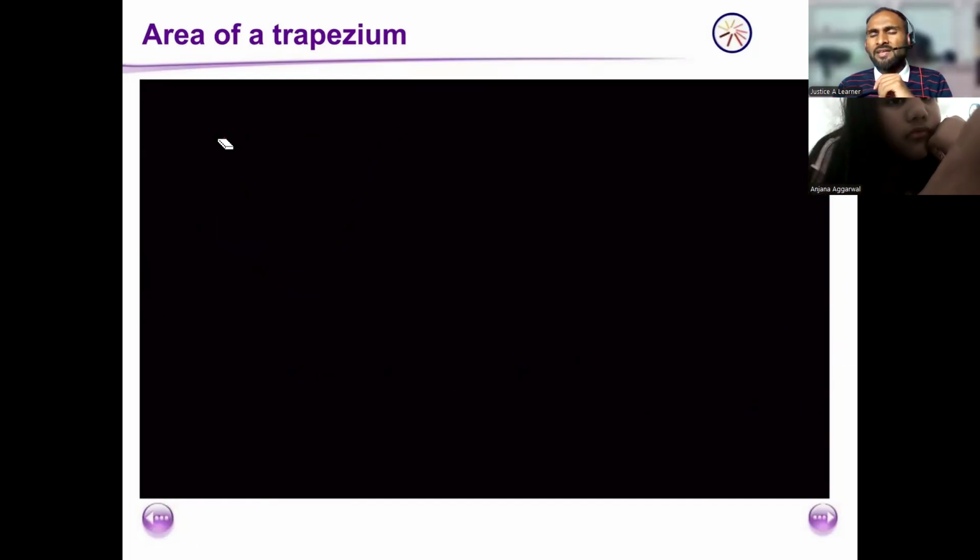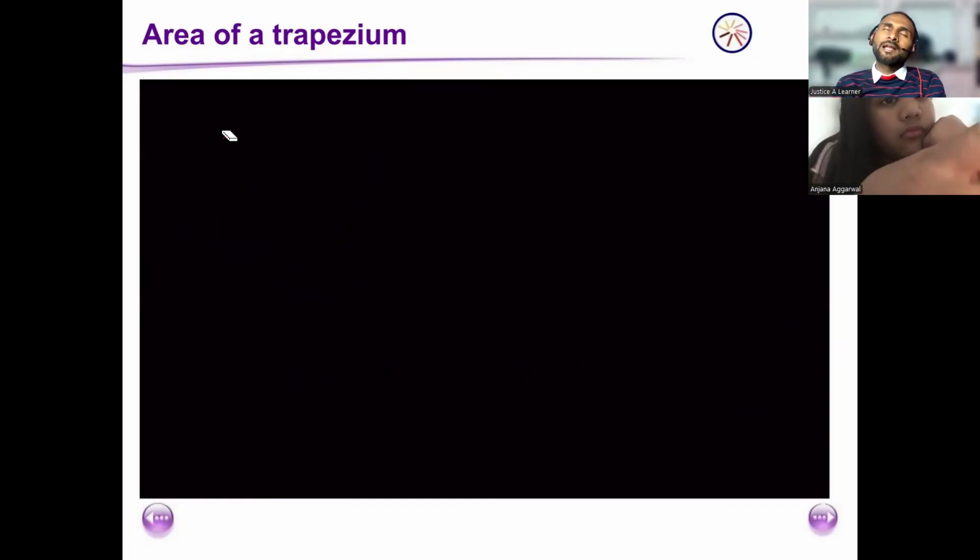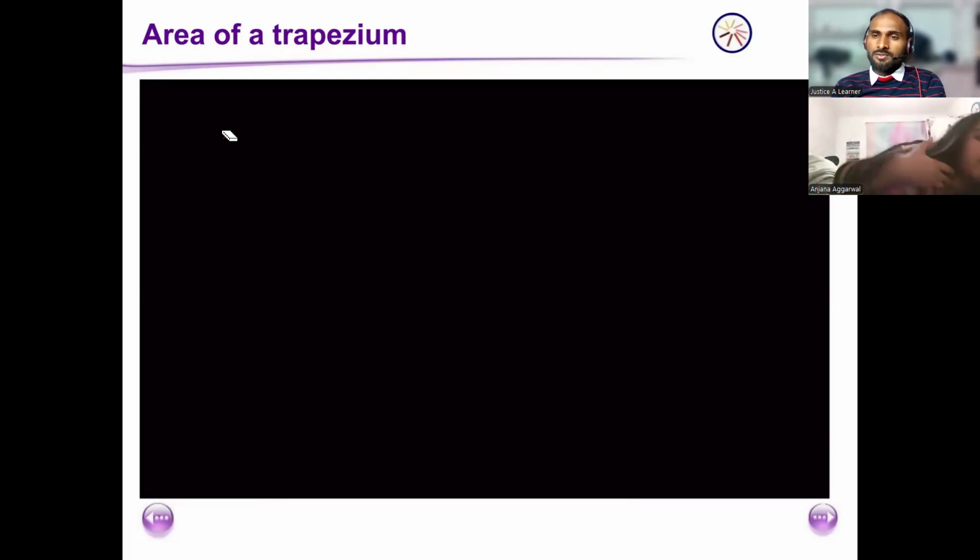Can you just directly tell me what would be the area of a rectangle having length 8 and width 4? I can't see the picture. I'm not talking about the picture. Just think about it. Just imagine, do not write anything.